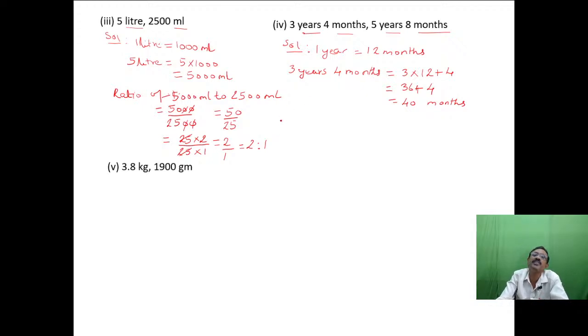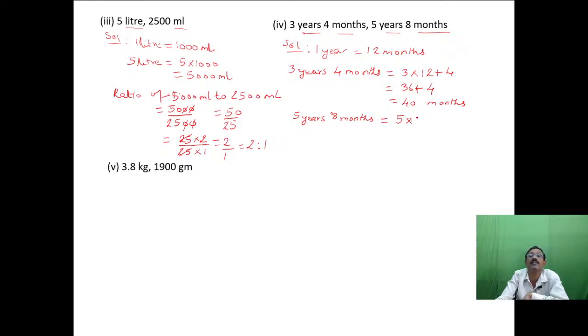I've got 5 years and 8 months. Let us convert 5 years to months. To convert 5 years, what are we going to take? 5 into, how many months does 1 year have?